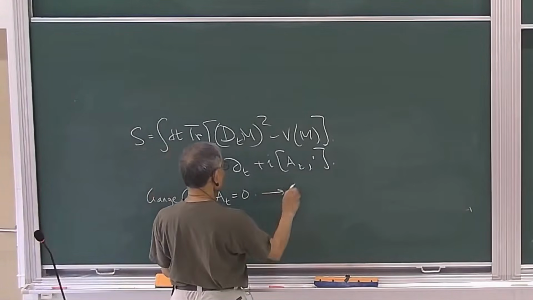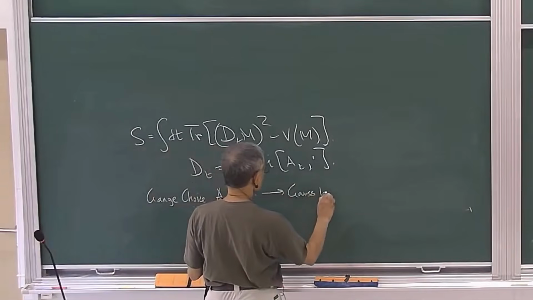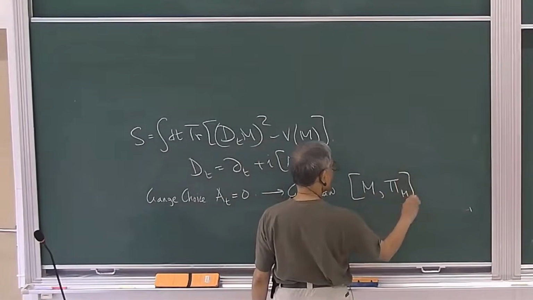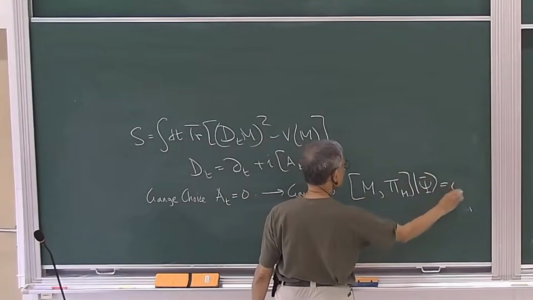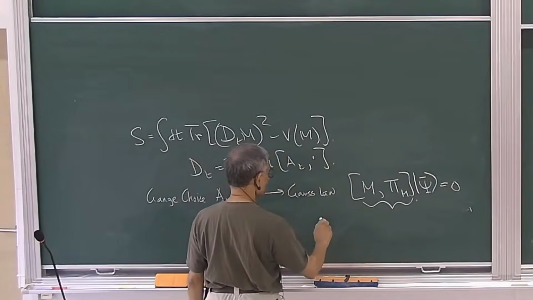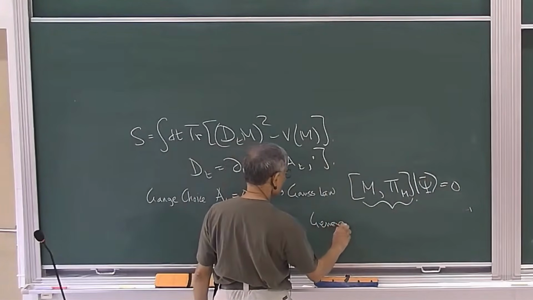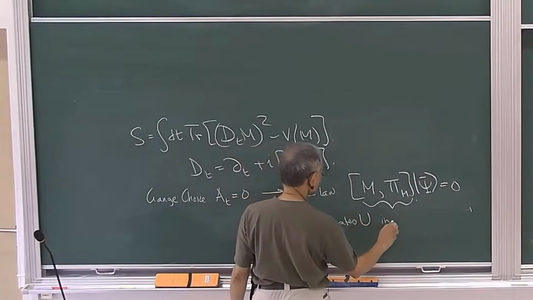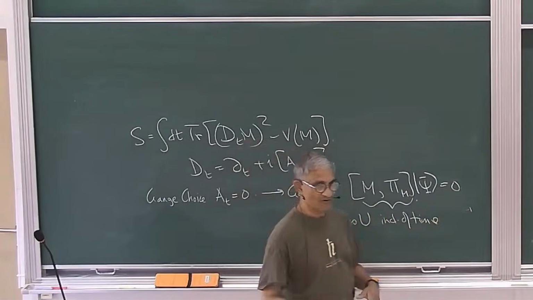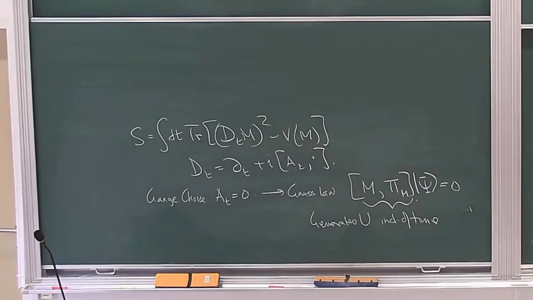But this comes with the Gauss law. The Gauss law basically states that the generator acting on the states is 0. This is the generator of remaining gauge transformations. This generates U independent of time. You fix the gauge A_t equal to 0, so whatever remains is the time-independent gauge transformations, but those have to be imposed on the physical states. Otherwise it's not consistent.